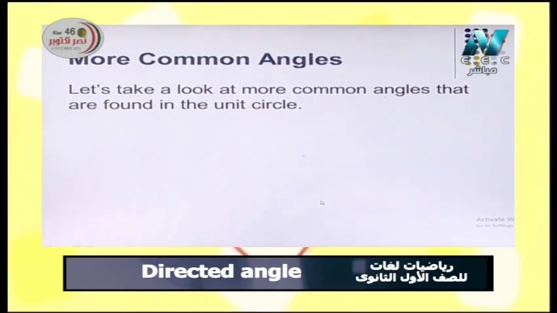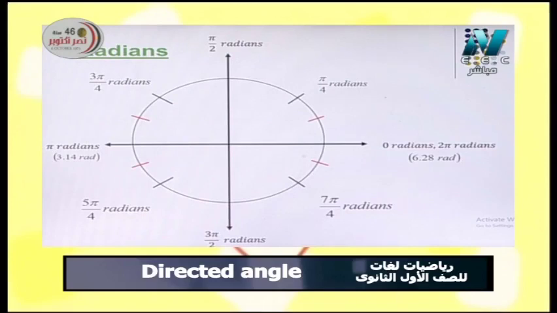Let's talk about more common angles. Let's take a look at more common angles that are found in the unit circle. We will explain what the unit circle is here.